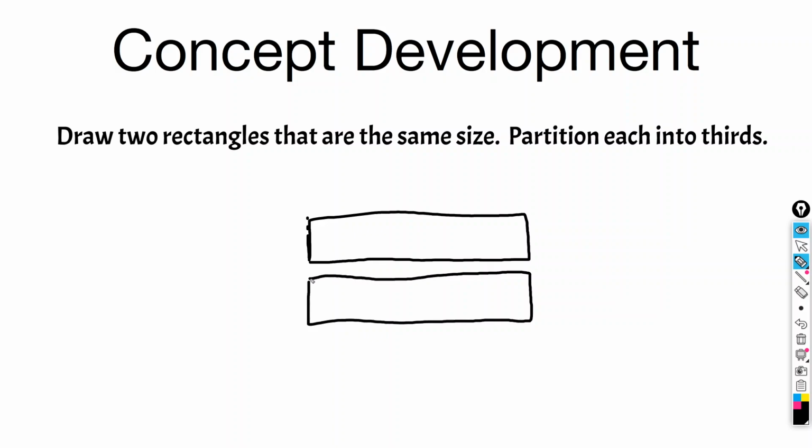Now, I can compare these rectangles because they are the same size. Now I'm going to partition each into thirds. 1/3, 1/3, 1/3, 1/3. Okay. So now I have broken them into thirds. 1, 2, 3 pieces. 1, 2, 3 pieces.